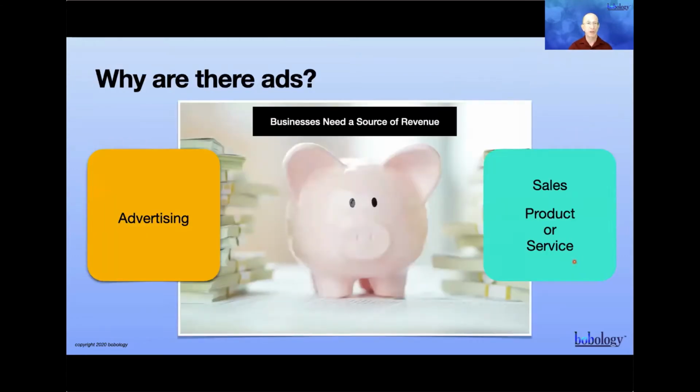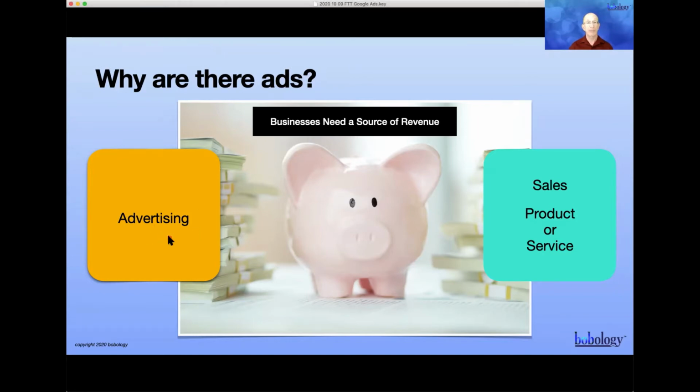So why are there ads? Well, Google and Facebook and Twitter and websites, they're all businesses that need a source of revenue. There's essentially two ways people can make money on the internet for the most part. One is through advertising.